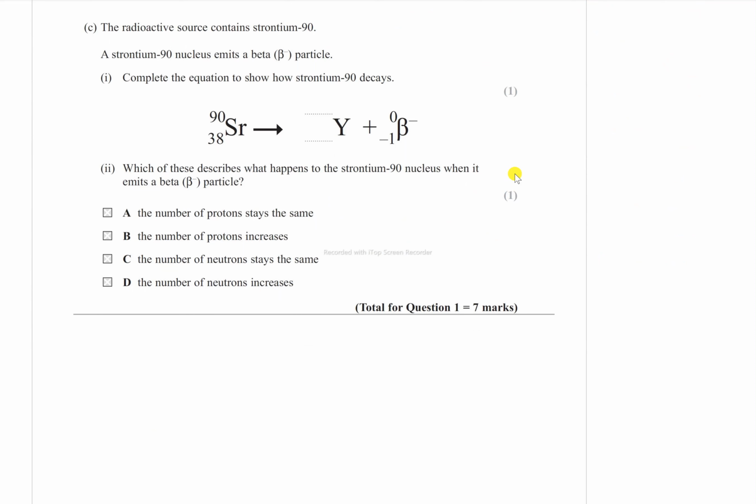The radioactive source contains strontium-90. Strontium-90 emits beta particles, so we know that's an electron. To complete the equation, the mass overall should not change here, so that should still be 90. That was 38. If I put 38 and then take away 1, it's going to go to 37.